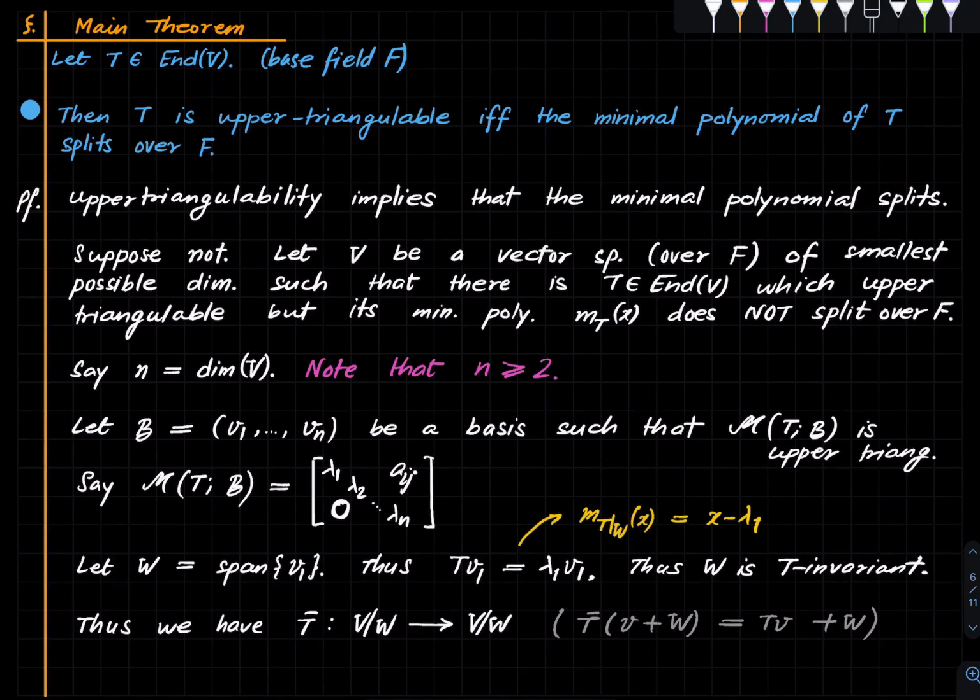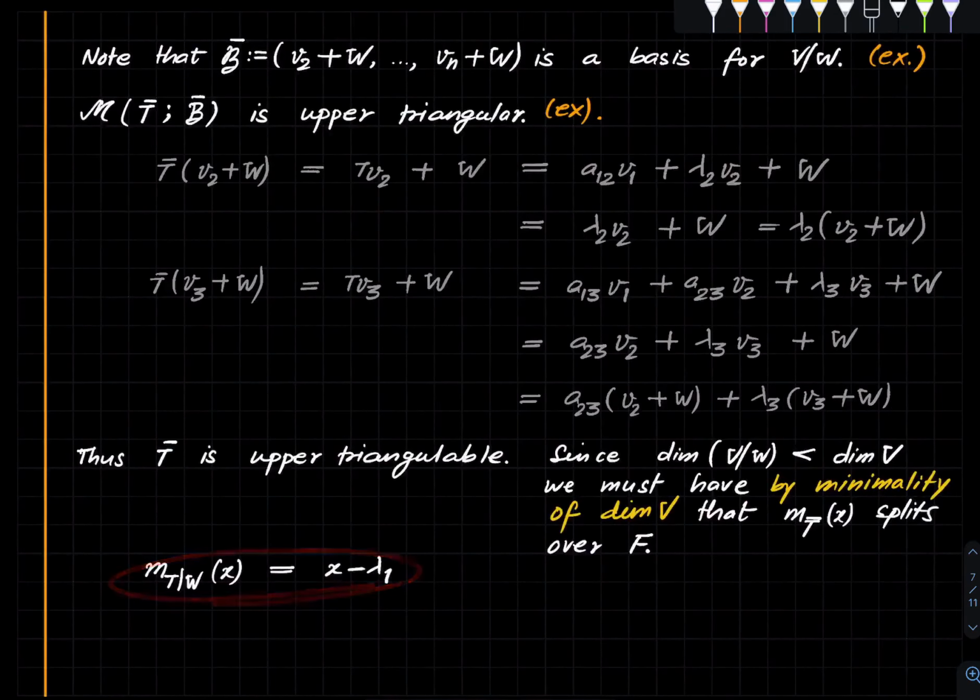Because the dimension of W is 1, you just need to check that when you substitute T in place of x, it vanishes. You just need to check it on v1 and it does because of this equation. So just agree with this.